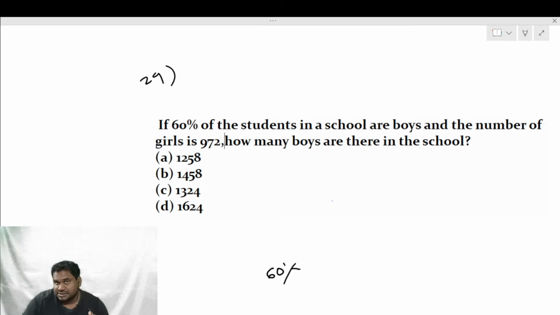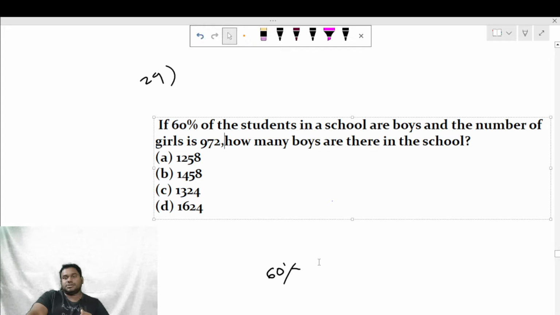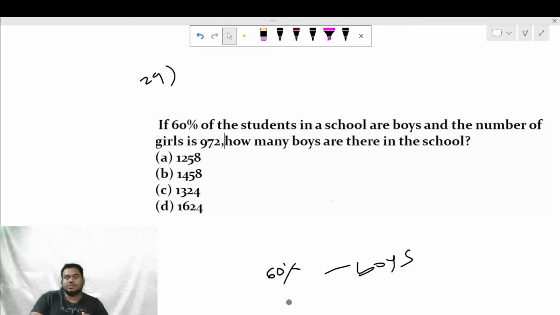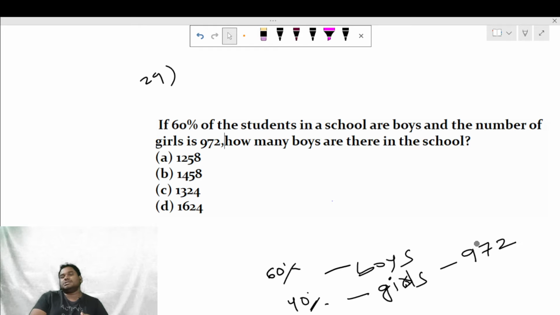But the girls percentage is not given. If 60% are boys, it means 40% are girls. The girls number is given instead of their percentage, and based on the boys percent, you can find the girls percent.